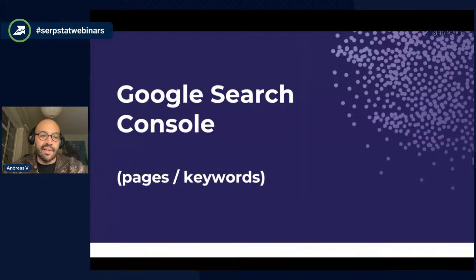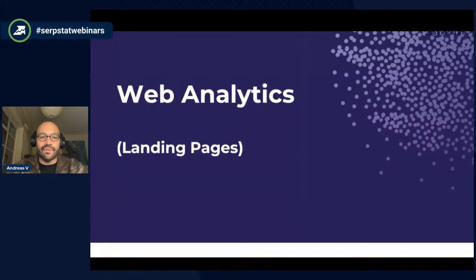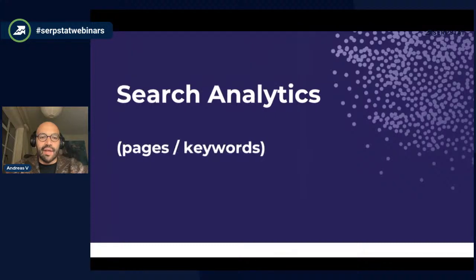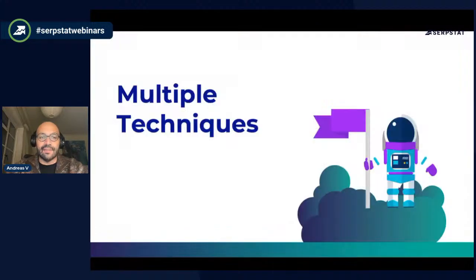You could cluster your content, which will be under the page label. So it could be page level data, and you could cluster those landing pages into different labels. It could be web analytics, and that would be landing pages, because keywords are not provided, you won't get the keyword breakdown. And there's search analytics, such as Serpstat, which gives you both pages and keywords. So those would be your data sources for clustering.